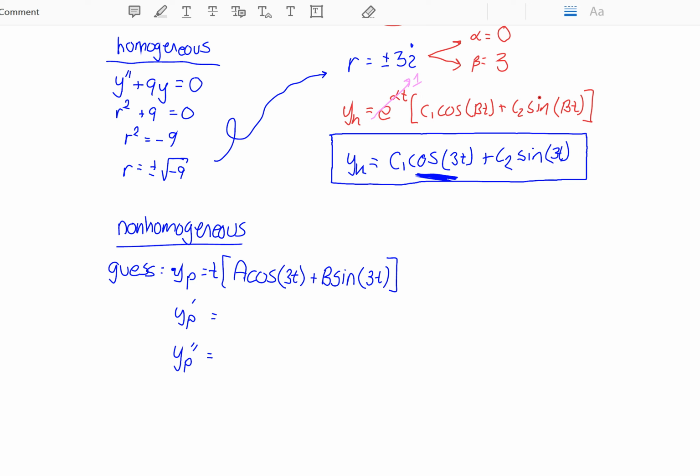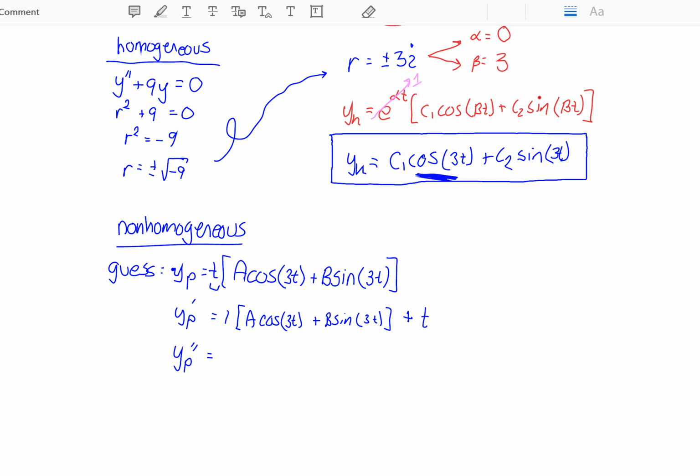Now, a big thing to remember is that this is technically a product, and so we have to use the product rule. When taking your derivative, take the derivative of the first factor times the second regular, which will be just 1 times a cosine of 3t plus b sine of 3t, plus, by the product rule, the derivative of the second times the first.